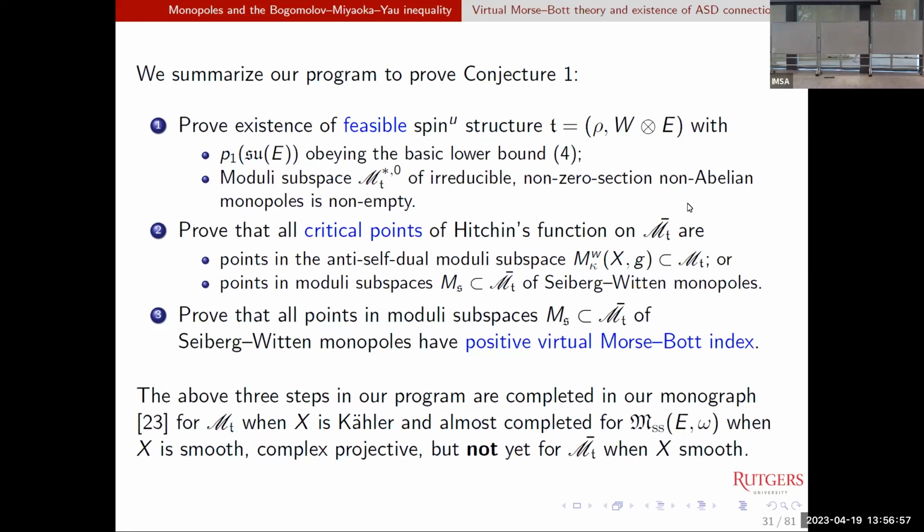So in other words, when there's no bubbling, in the case where the four manifold is scalar, and we're mostly done in the case where the four manifold is complex surface type. But the general case is open. That's the future one.